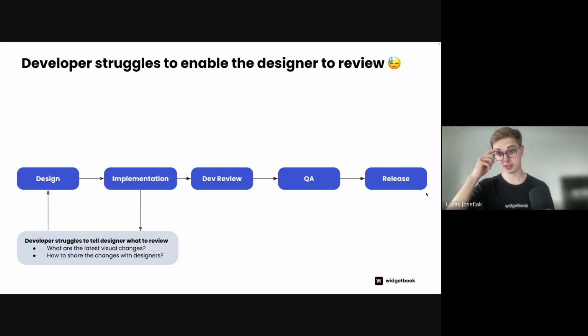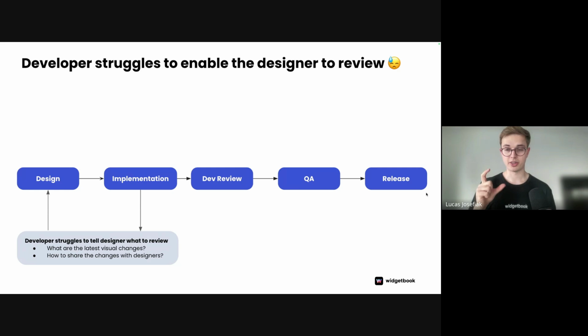What I've seen a lot of companies do in the past is the developer just assumed, okay, these were my visual changes, or if it's already a great process, the team might already run golden tests to be really sure, okay, what are all the visual changes that happened?